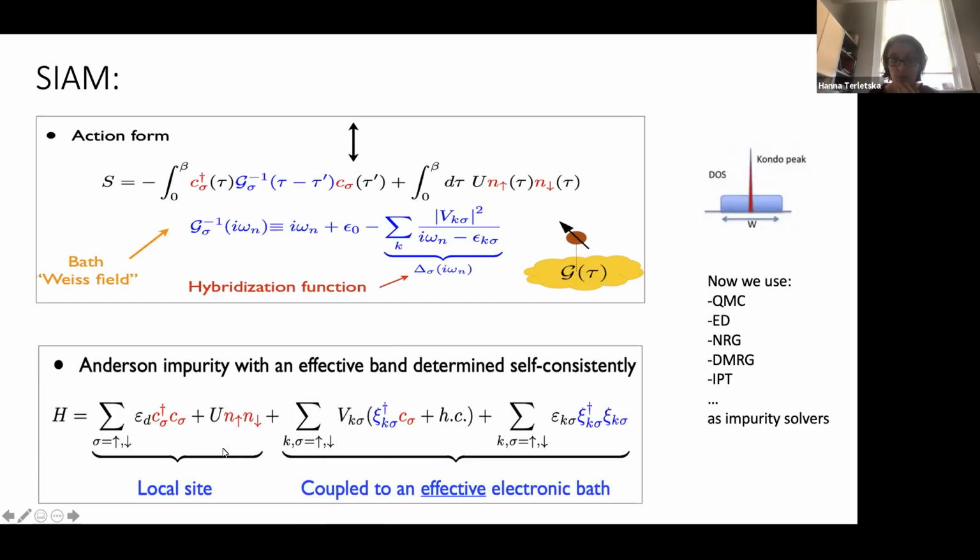It describes a magnetic impurity placed in a non-interacting conduction electron bath. At that time, there were many impurity solvers available for the single impurity Anderson model. So that led to further development and progress in solving the DMFT equations for the Hubbard model. So now we have different impurity solvers. These include quantum Monte Carlo, exact diagonalization, NRG, DMRG, iterated perturbation theory, and so on.